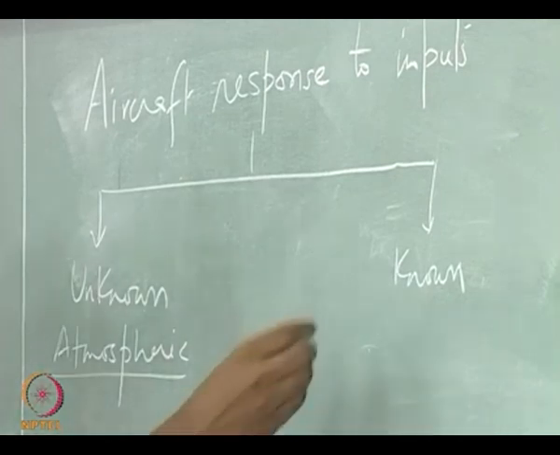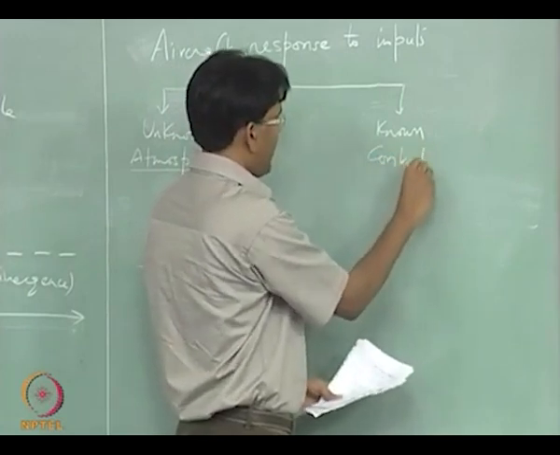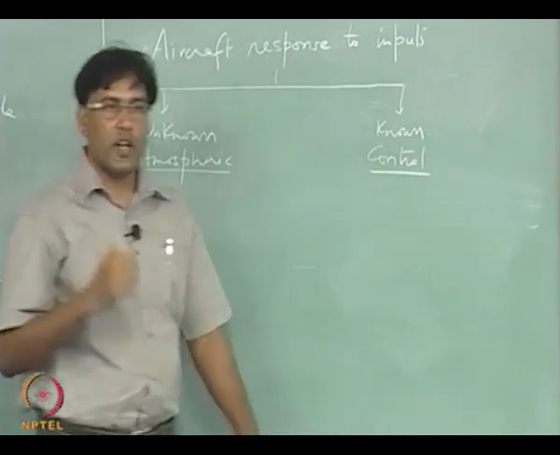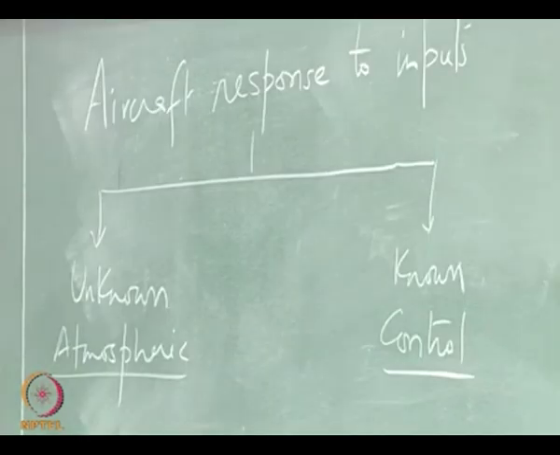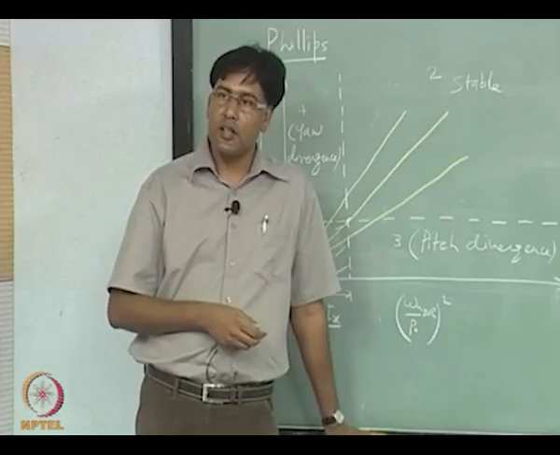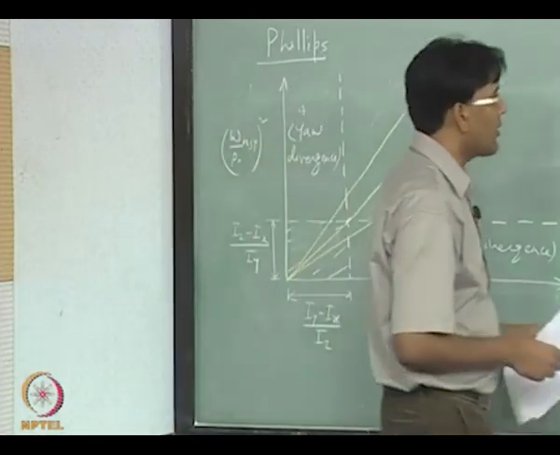known inputs, and known inputs are the control inputs, right. So now if I know what kind of input I am going to give to my control surfaces, for example, step input, or you can move your control surfaces in step, ramp, or you can give a pulse, doublet, and so on.